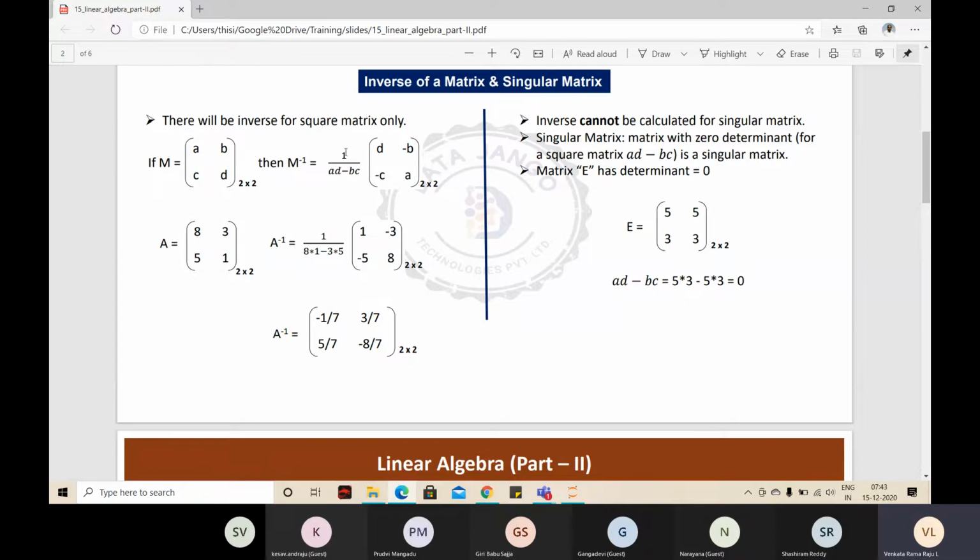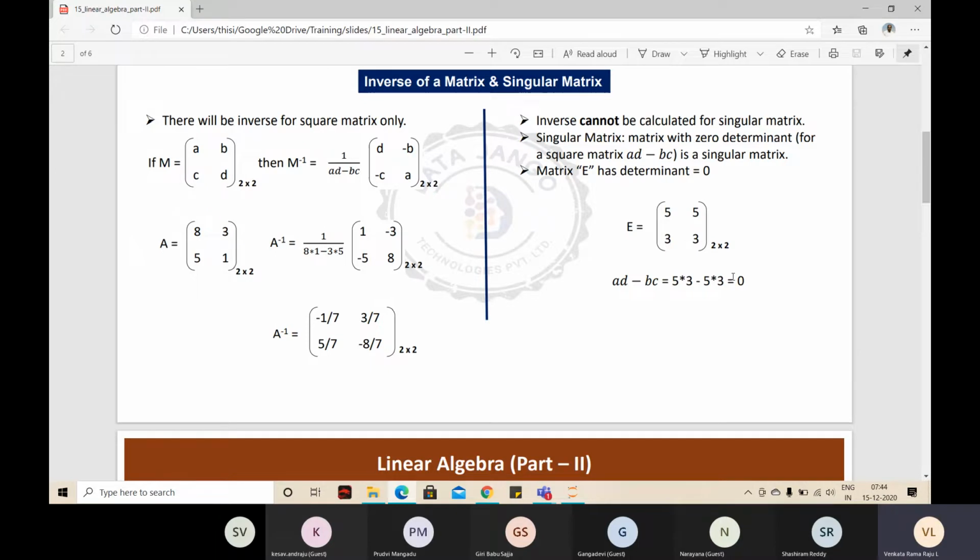In this equation, AD minus BC is called the determinant. For a matrix where the determinant is 0, we call that matrix a singular matrix. If you see this 5 5 3 3 and calculate AD minus BC, it is 0.